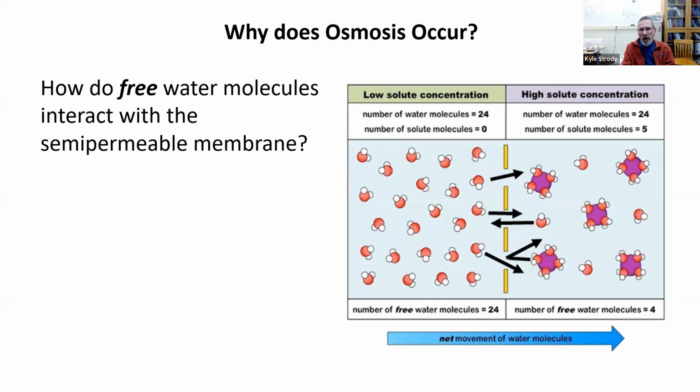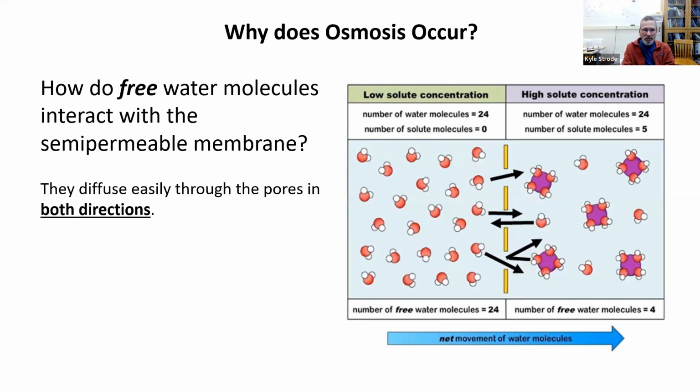We want to know, then, how do those two different types of water molecules behave differently? First of all, the water molecules that are free can move both directions across the semi-permeable membrane. It's not just a net movement from the low solute side to the high solute side, in this case from left to right. It's not only in that direction they can move.